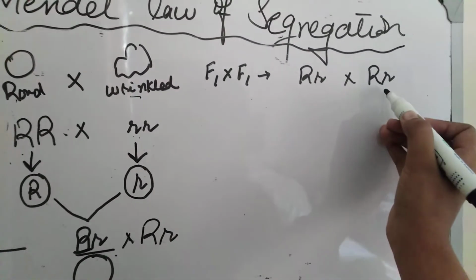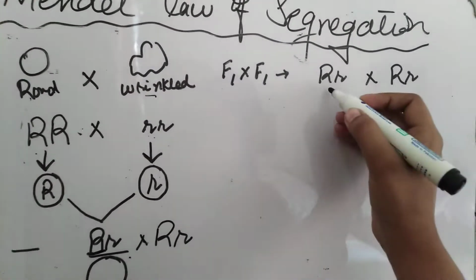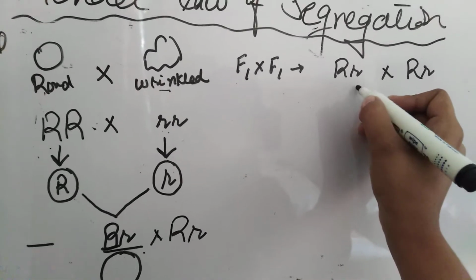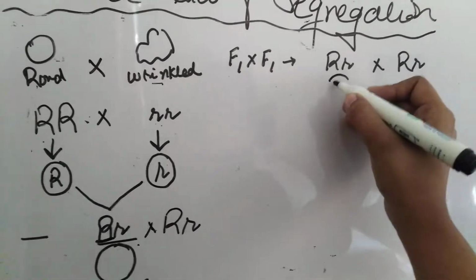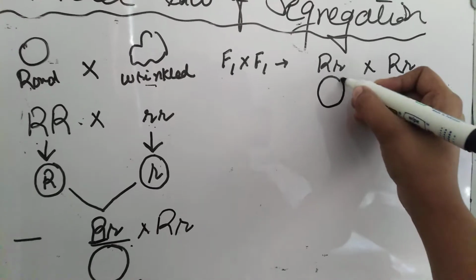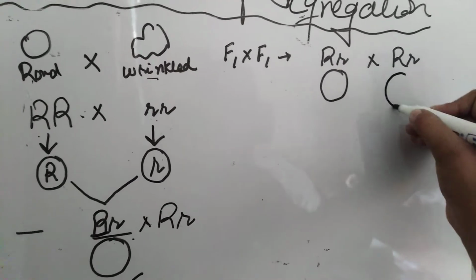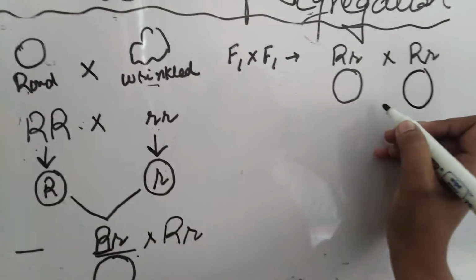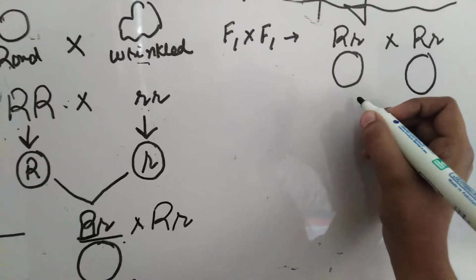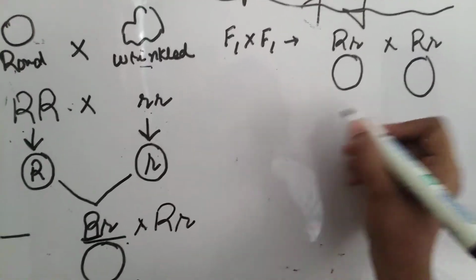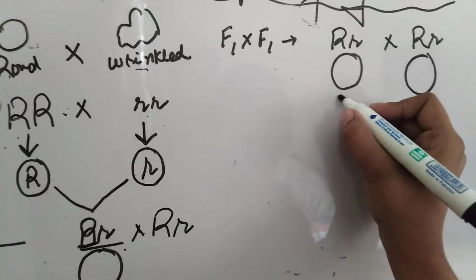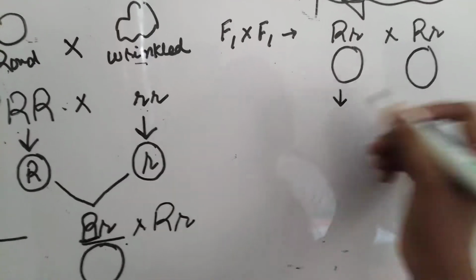We have to make a cross between these two. This is actually the genotype, and we are going to discuss its phenotype. It will be round. It will not be wrinkled. Then what happens in the generation of its gametes?